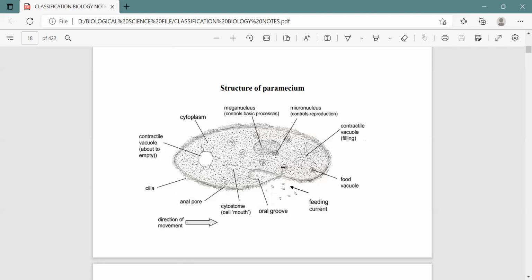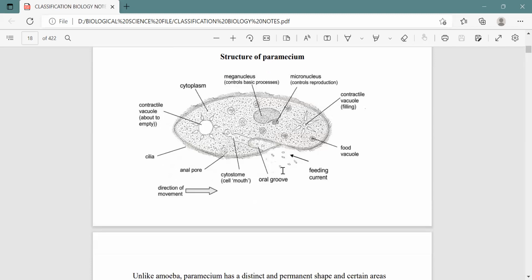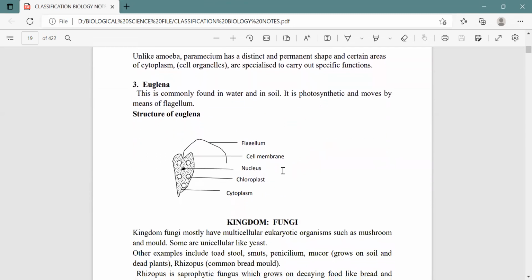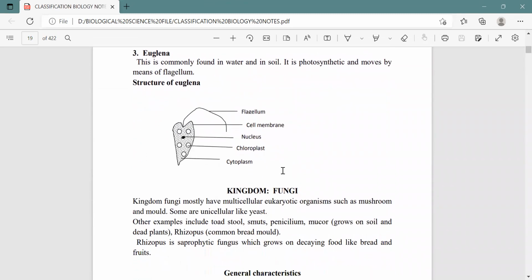So when we are talking about kingdom Protoctista, we are actually discussing the lower forms of life. One cell doing all the activities of the organism.